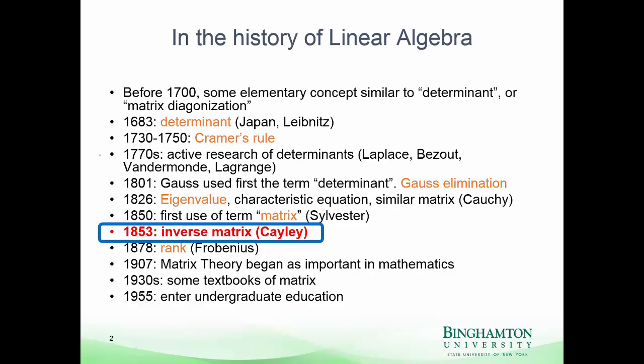We've been talking about Gauss elimination. We've not really talked about determinants, although we did refer to that. We certainly haven't talked about eigenvalues.